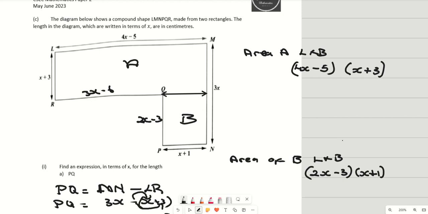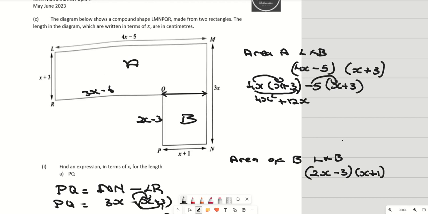So area of A, this would be 4x, 4x by everything in your second bracket. So that's x plus 3, and then minus 5 by everything in the second bracket, x plus 3. Right? So 4x by x would be 4x squared, and 4x by 3 is plus 12x. And then minus 5 by x would give you minus 5x.